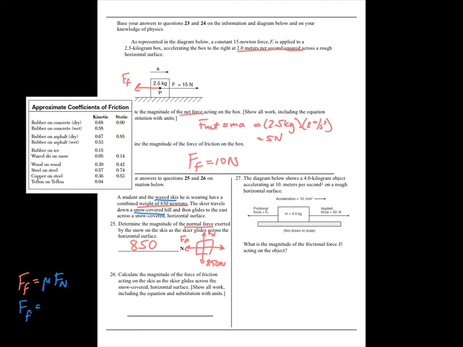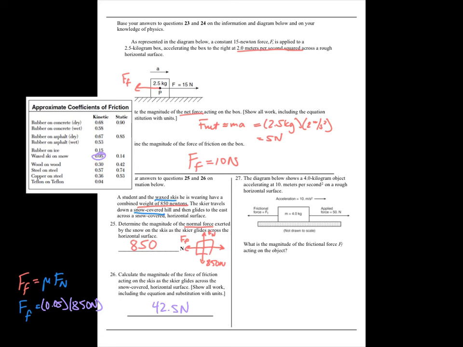Kinetic meaning motion, static meaning rest. Got it? Good. So mu is 0.05 times the normal force, which we already said is 850 newtons. 0.05 times 850 is 42.5 newtons. There we go.